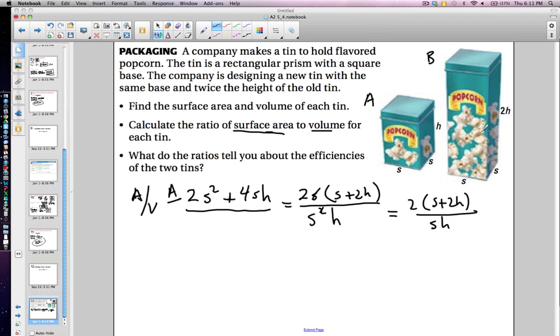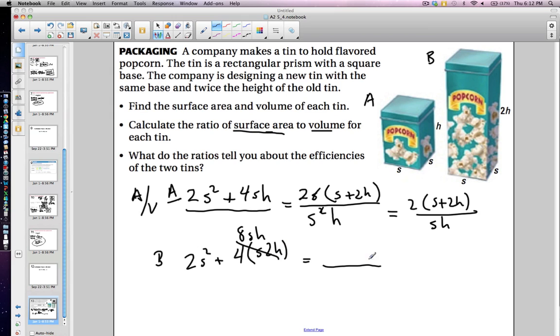Okay? So now when we do the same thing with this tin, I can see that, again, my bottom and top haven't changed. So in B, I have 2s squared plus I have 4 times s times 2h. So that's 4s times 2h, which is going to be 8sh. Right?